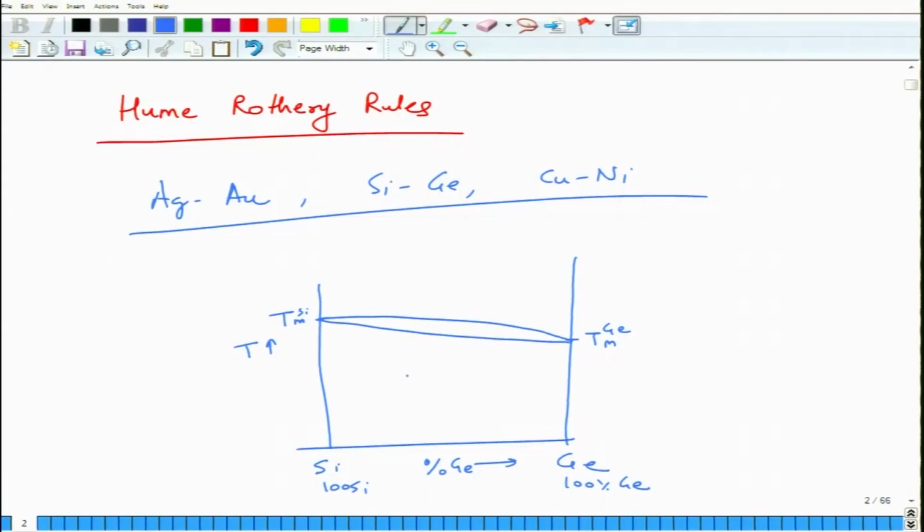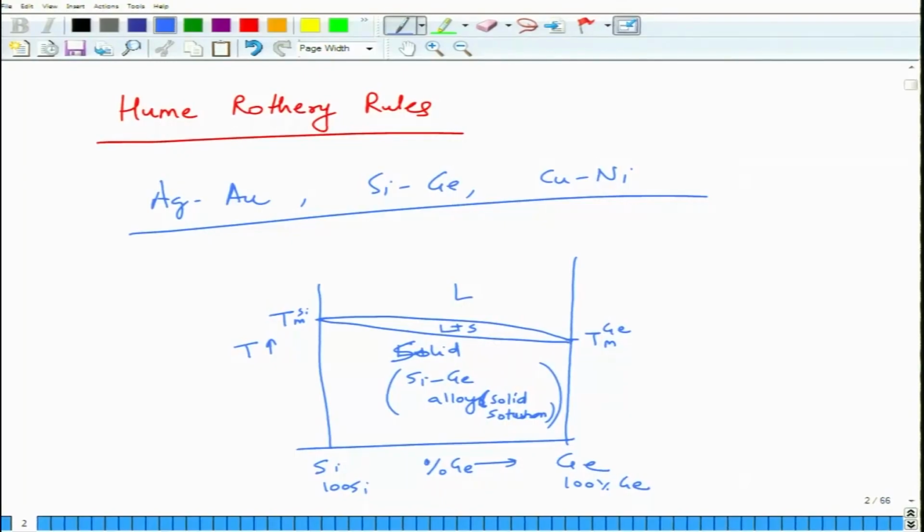It is a silicon germanium alloy which is a solid solution, a disordered solid solution, not an ordered solid solution. At the top it is liquid, in between it is liquid plus solid, and below it is only solid, and this solid is the solid solution.